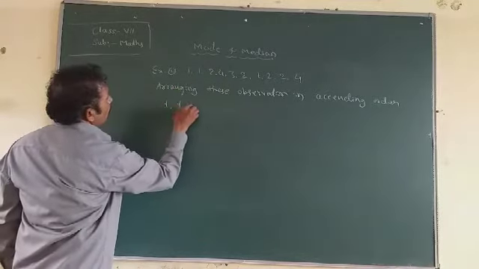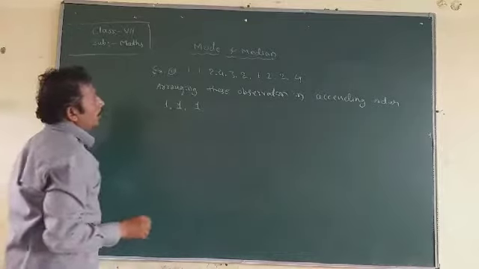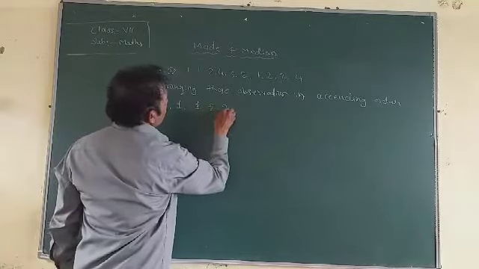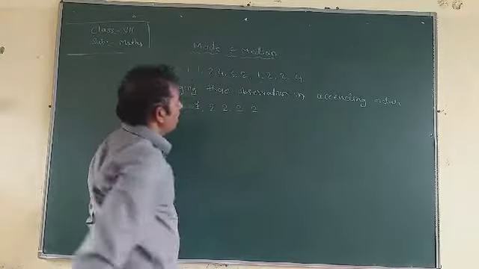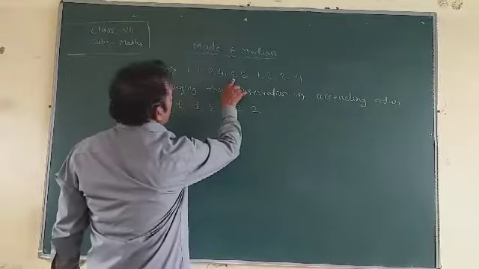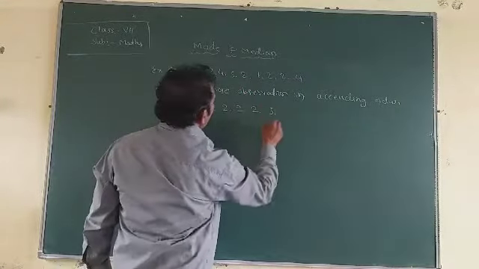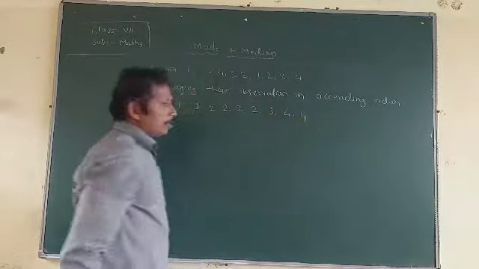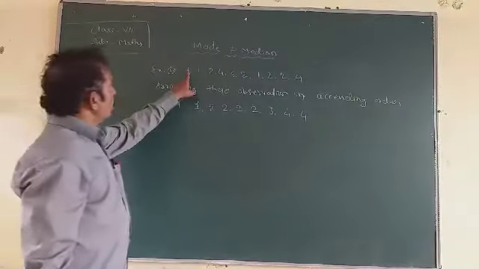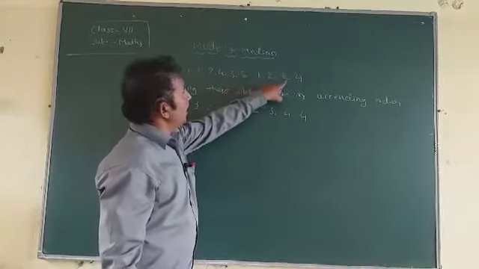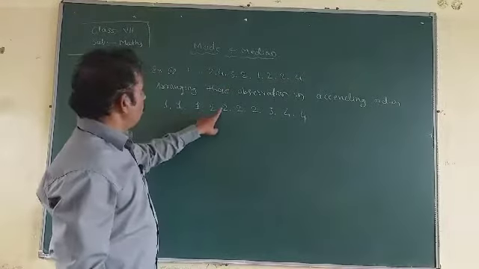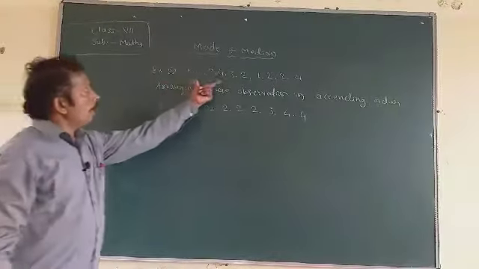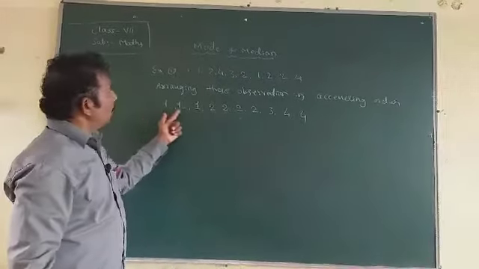Then 2, 2, 2, 2. Then write 3 once only. Then write 4, 4. Count them: 1, 2, 3, 4, 5, 6, 7, 8, 9, 10. Now we have arranged the given observations in the ascending order.